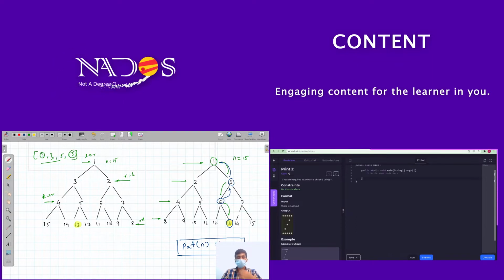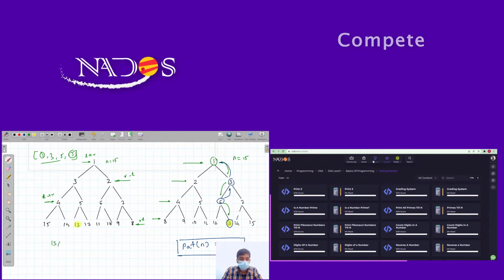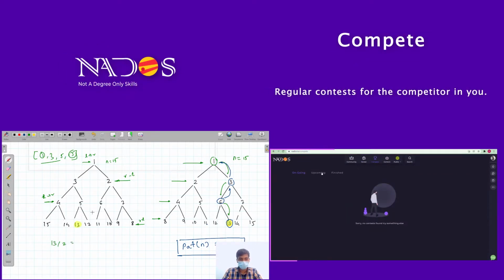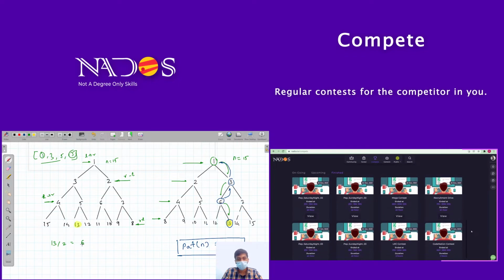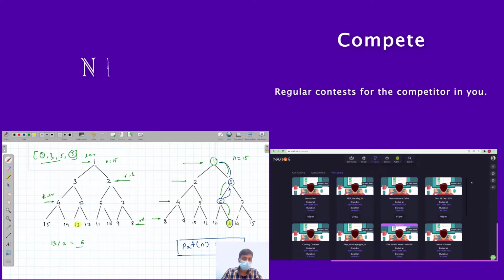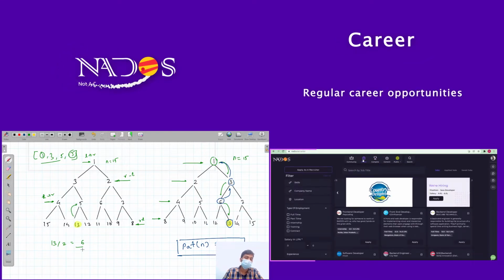Now let's try to apply this formula here in this tree. If I do 13 by 2 at this position, it is going to give me 6, right? This means that parent of 13 should be 6, but in this tree, as we can observe, the parent of 13 is 5, not 6, right?